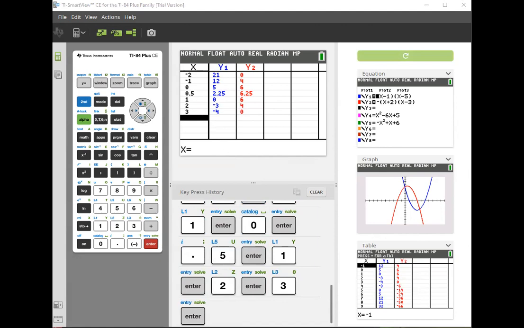Some teachers like to do this because if the vertex is at a half step, then you're back to integers by just doing a half step first. Then the values away from the vertex in both directions are all on lattice points, or the domain values are integers. And as you can see, because it's symmetric, for these values we get 6, 4, and 0 going away from the vertex, and 6, 4, and 0 on the other side. But the vertex itself is at a half, 6.25.